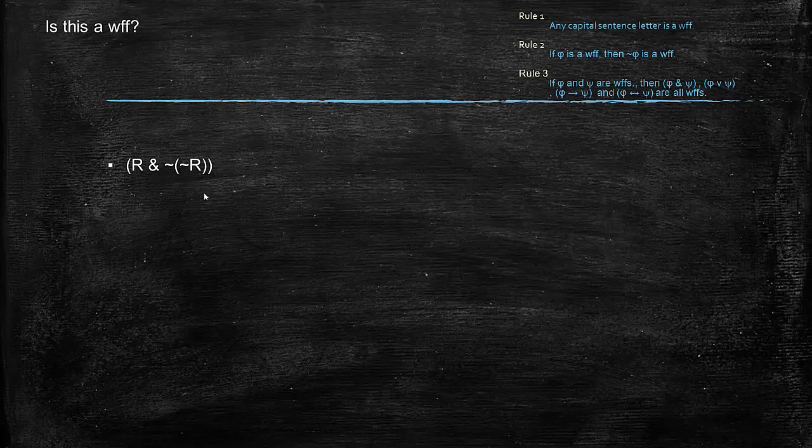Is this a woof? Well, hopefully you can see that we're kind of repeating what we did before, but what's the full proof? R is a woof. Not R is a woof by rule 2. This is not a woof, right? No, that's not permitted. That's not a woof.